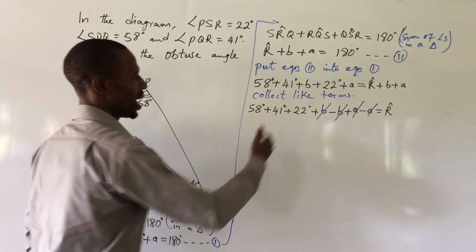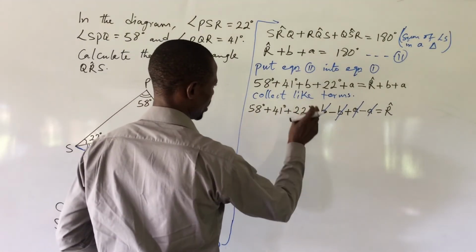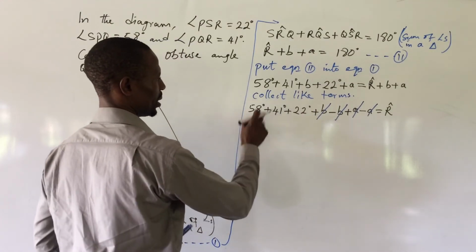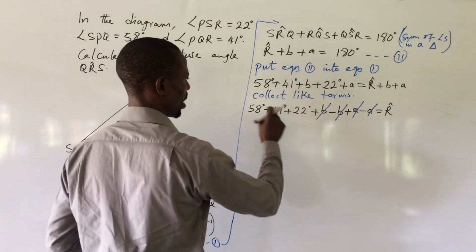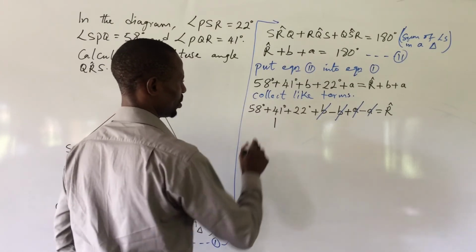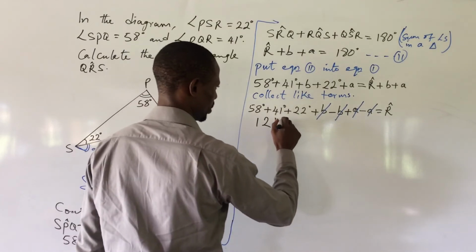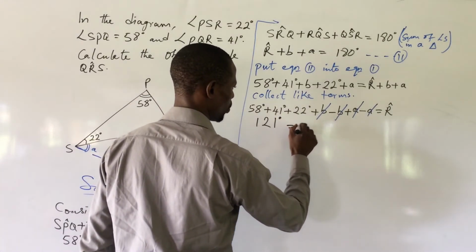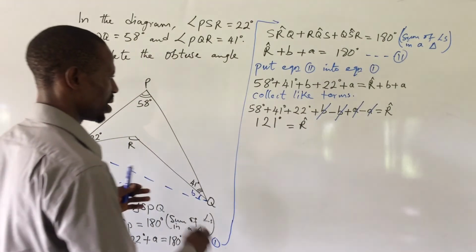So let's go ahead and add these figures together. If we add, this will give us 121. So we have 11 carry 1. Here we have 6, 11, then 12 plus the one you carry. This gives you 121 degrees equal to capital letter R, which is angle R. So rearrange it.